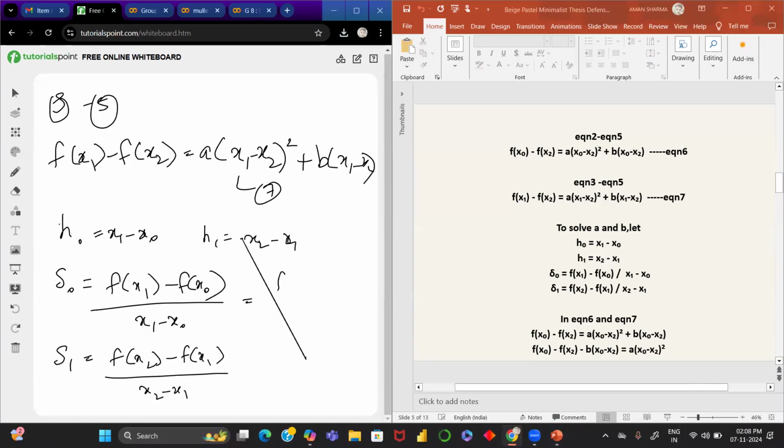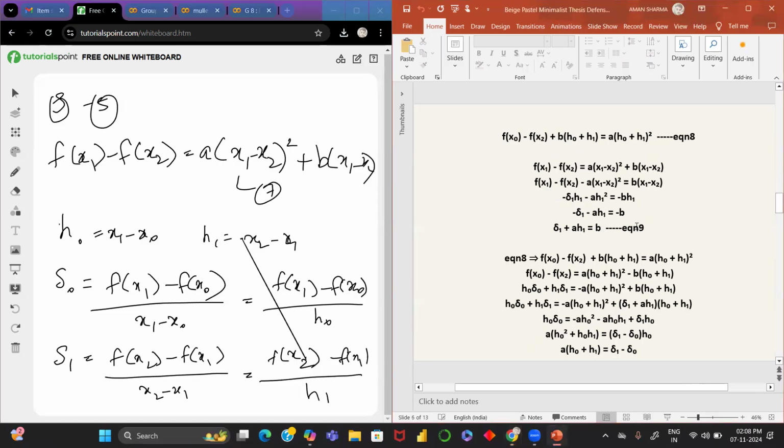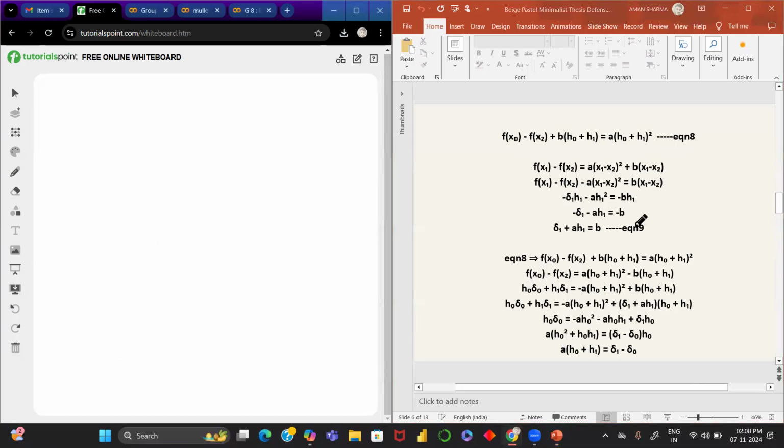This can be written as (f(x1) - f(x0)) / h0, and delta1 = (f(x2) - f(x1)) / h1. Then we have defined h0, h1, and also the slopes delta0 and delta1.